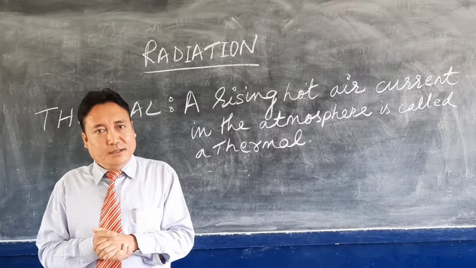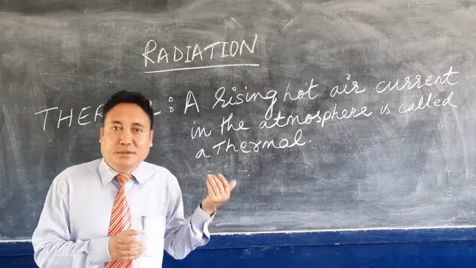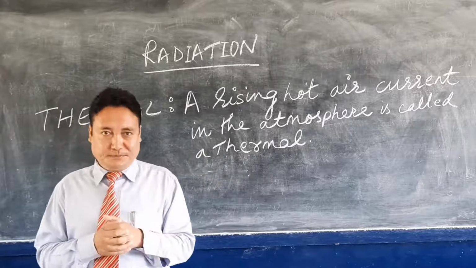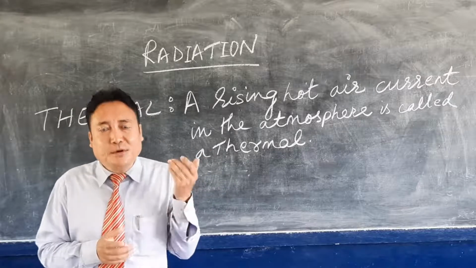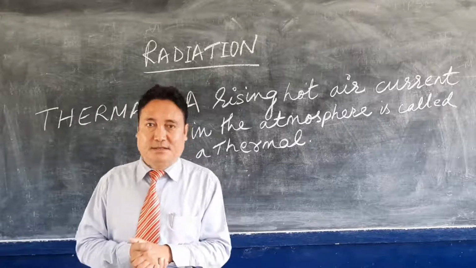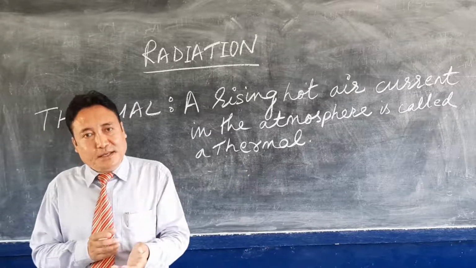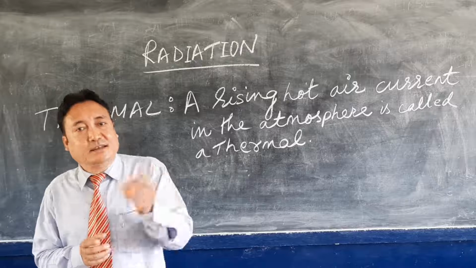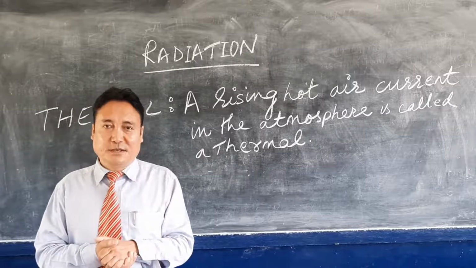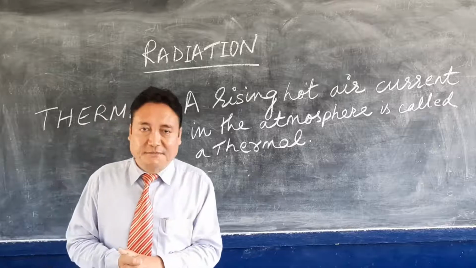Depending upon the body, either the heat can be reflected more or absorbed more. If they reflect more heat rather than absorb, they are considered a good reflector. If they absorb more heat than they reflect, they are considered a good absorber.